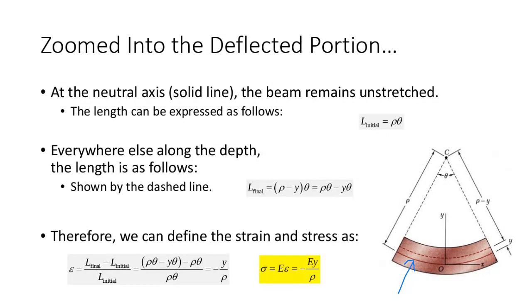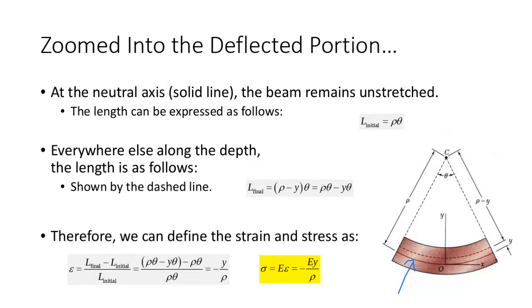What you might remember from mechanics is that when something is undergoing bending, we assume there's zero bending stress at the centroid, and that above and below the centroid it increases proportionally. So if there's no stress at the centroid, there's no strain at the centroid, so there's no deformation at the centroid.